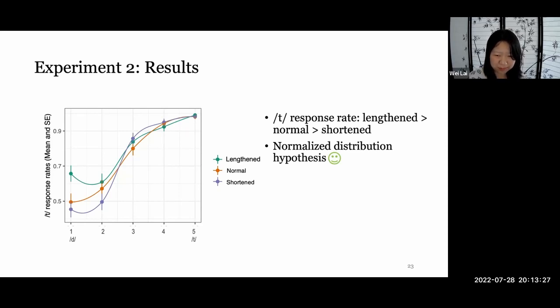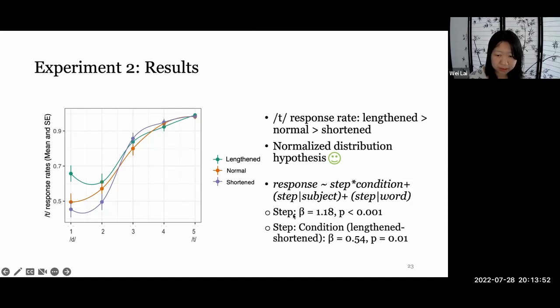However, the supporting pattern was only found in the first 2 steps on the continuum. We think this might be because the whole continuum was quite T-biased, and the stimuli from step 3 to step 5 were relatively unambiguous, as you can see by the T response rate. So we can talk more about it in the Q&A session.